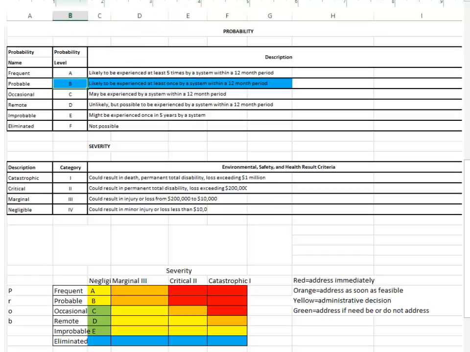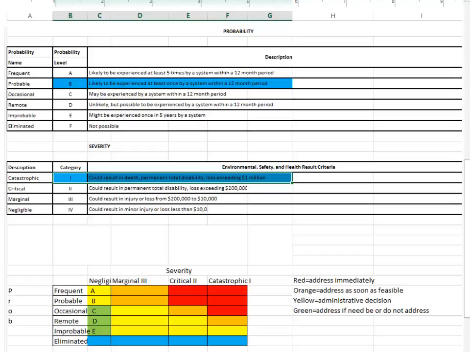Okay, so it looks like our first value for probability is B. Now, this could result in losses exceeding $1 million. This is for component 2. Whoops, lots of money there. So exceeding $1 million would be category 1, wouldn't it? All right, so we've got 1B.